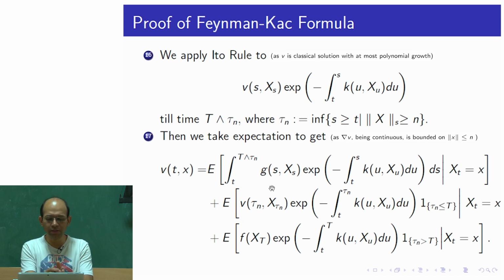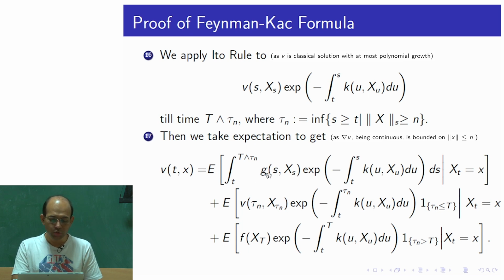I am not writing the whole details, it is an easy exercise one can do. As I mentioned, the terminal time T minimum tau n would appear here, so that T minimum tau n is written in two terms. These are the things which we have written earlier in detail for the actual Feynman-Kac formula proof and many other proofs, so here we are skipping those details, writing the terms which come up after the manipulations.